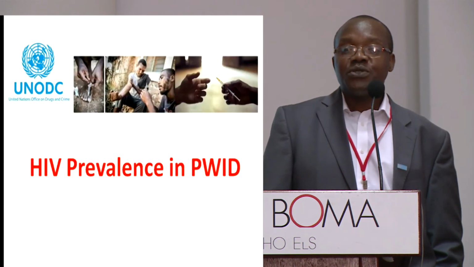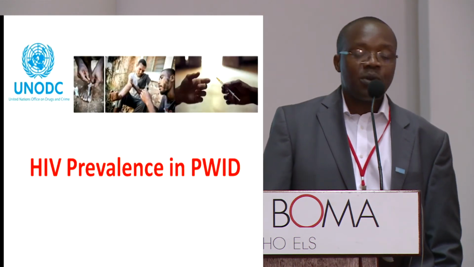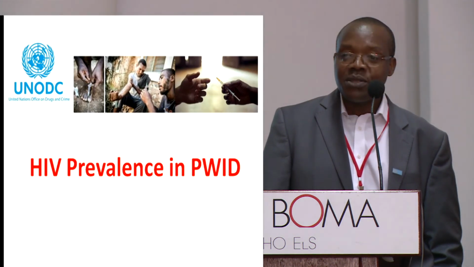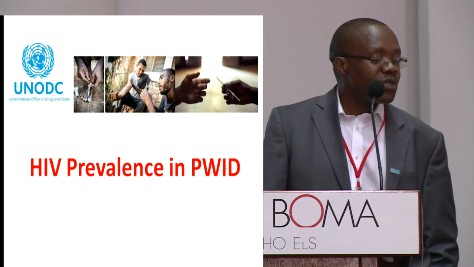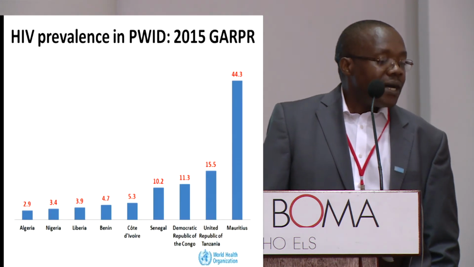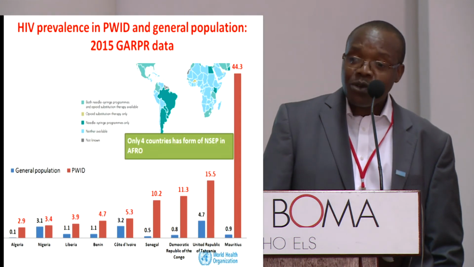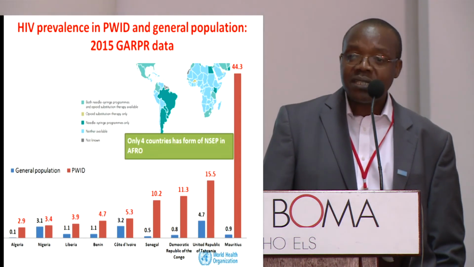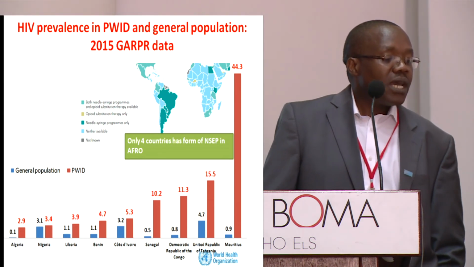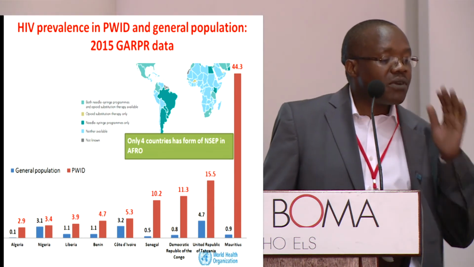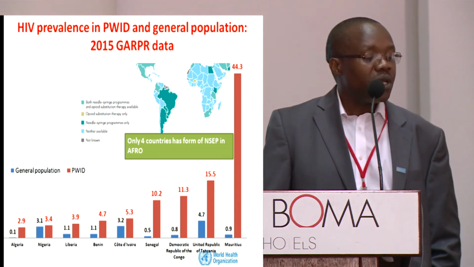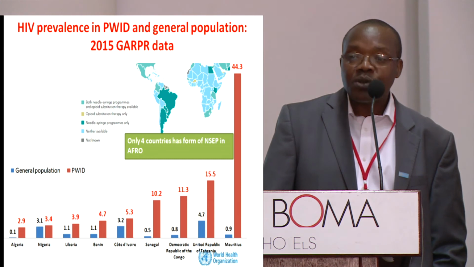People who inject drugs: again, we have high prevalence in this group. You can see Mauritius on the top of the list, followed by a number of other countries as well. If you compare with the general populations, people who inject drugs still have certainly high prevalence. In our region, only 4 countries at least have needle exchange programs.